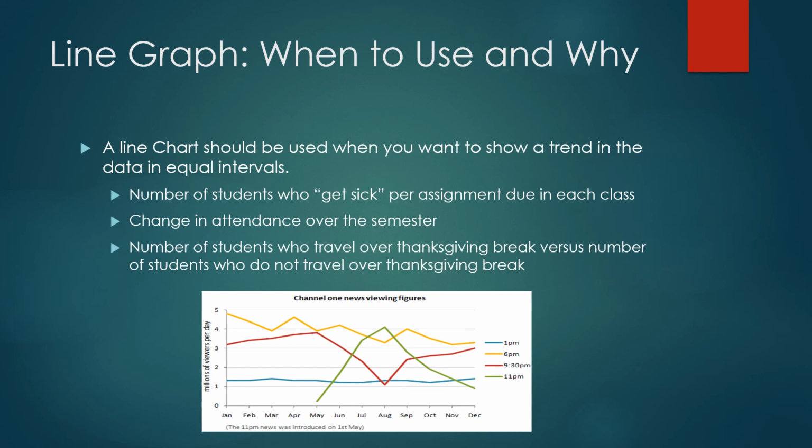So what this would allow you to do is to show how the data is changing for these three different categories over an equal interval, in this case January through December.